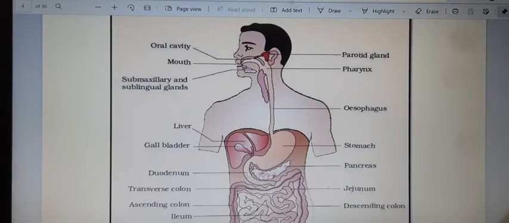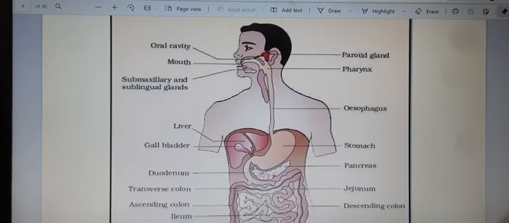Small intestine is having the parts like jejunum, ileum and duodenum. So duodenum is the smallest part of the small intestine in which the stomach opens.